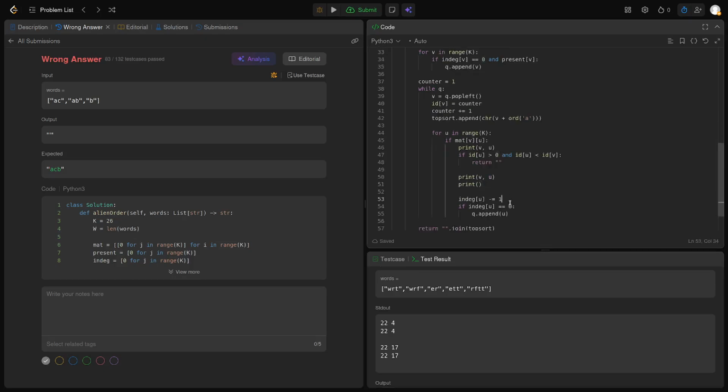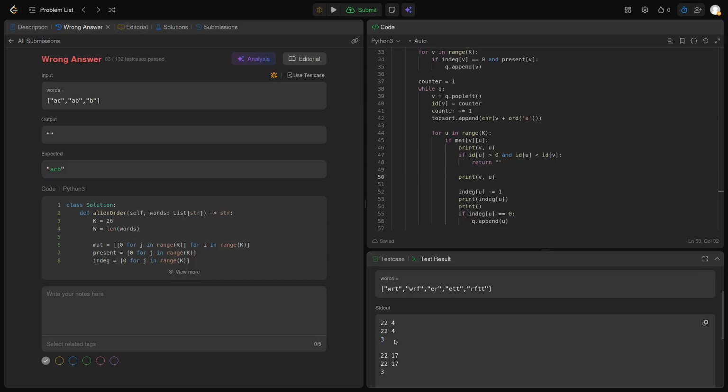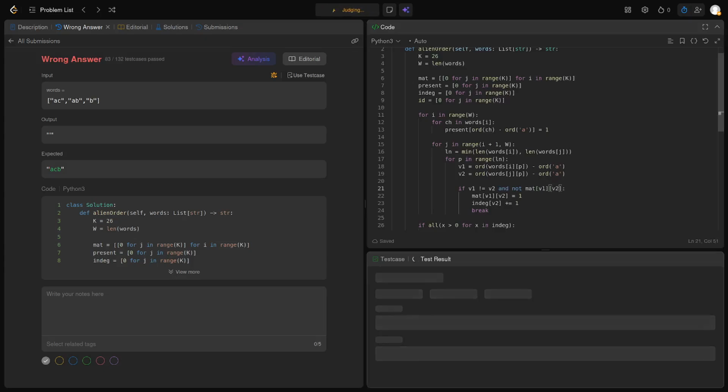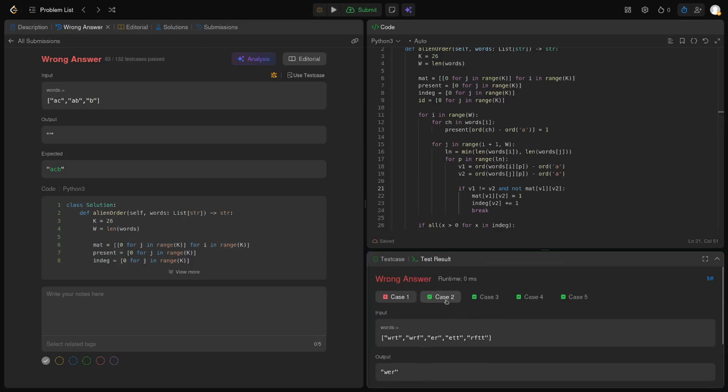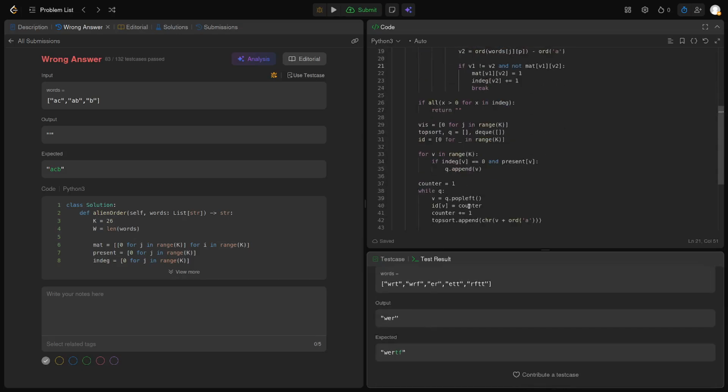Okay, so both. Let's see. Okay, so maybe now multi-edges are making a fuss, so and not v1, v2. Okay, we almost got it, except this one didn't work fully.